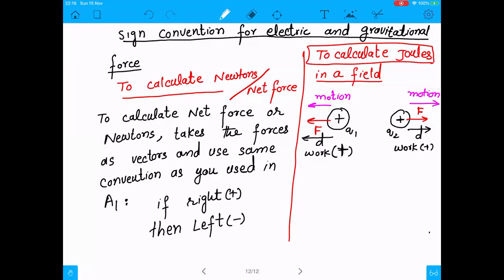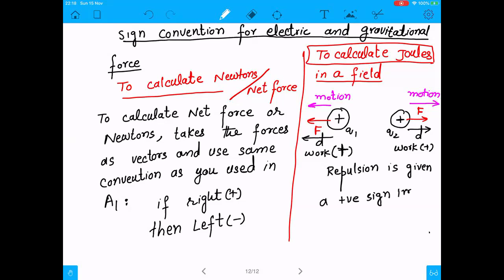So because of this positive work, we assume the repulsion to be positive. So when you are calculating joules in a field, repulsion is given a positive sign irrespective of individual directions.